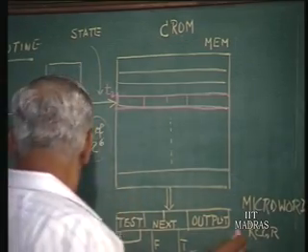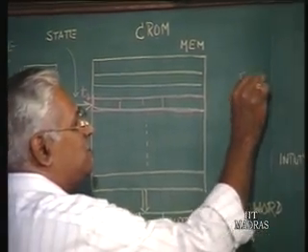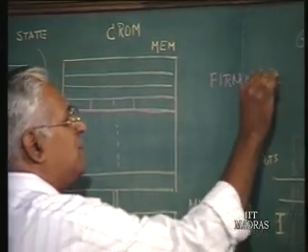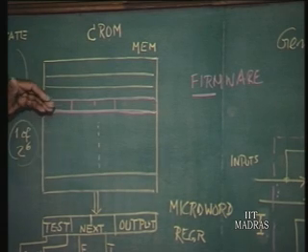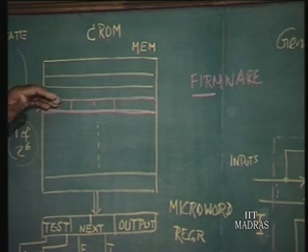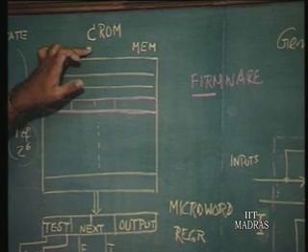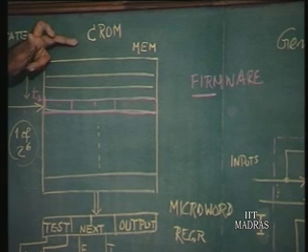Now this is one implementation, as I was telling you earlier. This is in fact called a firmware implementation. Why do we call it firmware? Because as long as you have the code for all the states frozen here and you don't change anything, the behavior of the machine is there all the time.